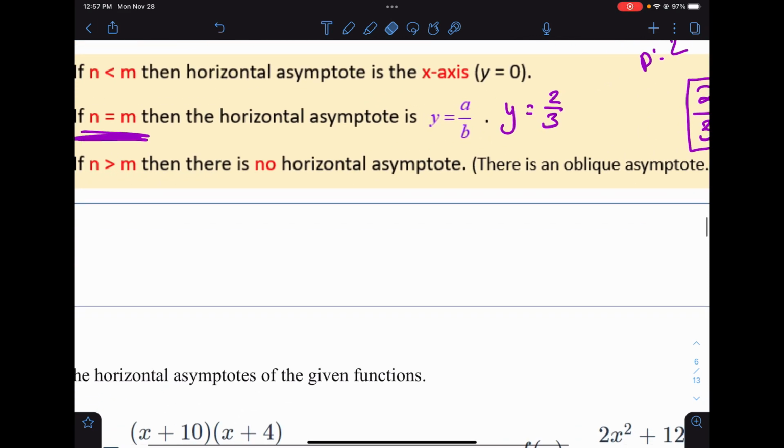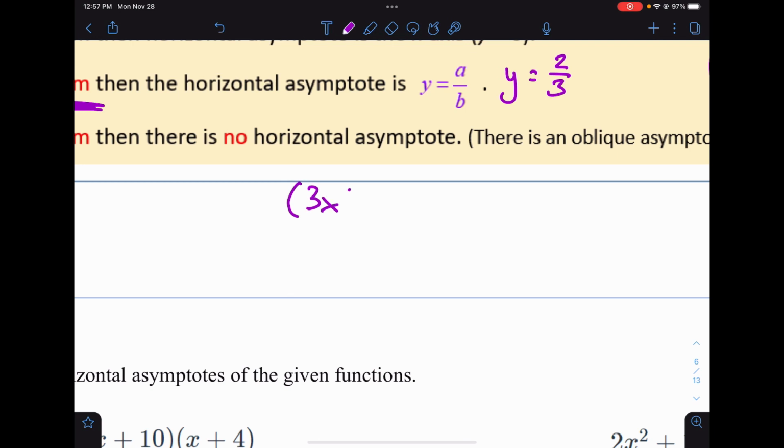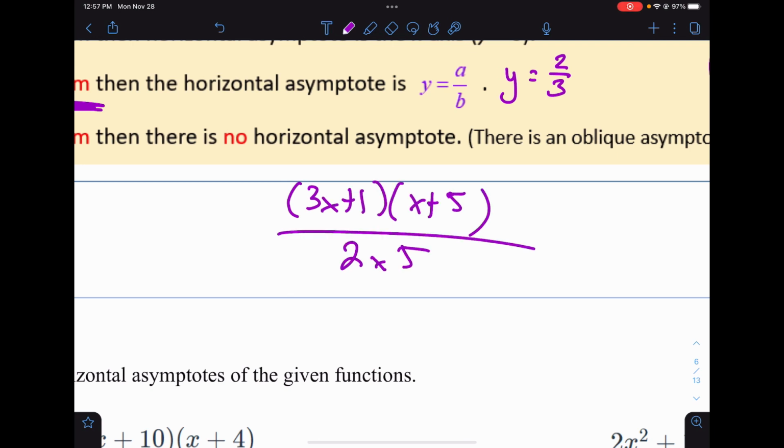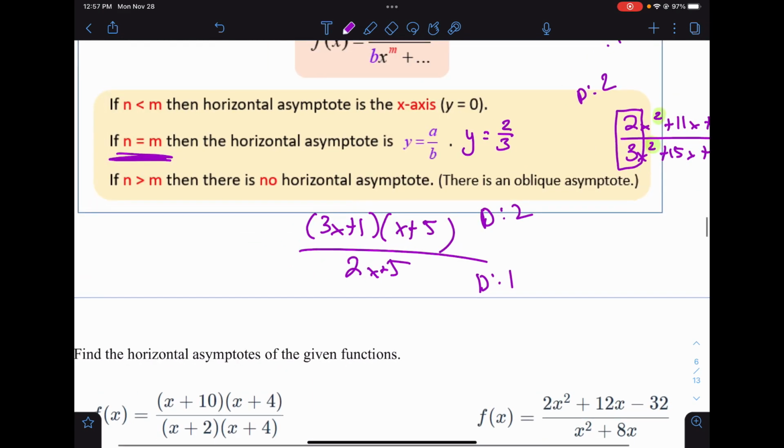Now, if the numerator is bigger than the denominator, for example, let's say we had (3x + 1)(x + 5) all over 2x + 5, okay? This one, we have a degree 2 on the top, a degree 1 on the bottom. That means that our numerator is going to grow faster than our denominator. That means that there's no horizontal asymptote. We actually have what's called a slant asymptote, all right? But we have no horizontal asymptote if the degree on top is bigger than the degree on the bottom.